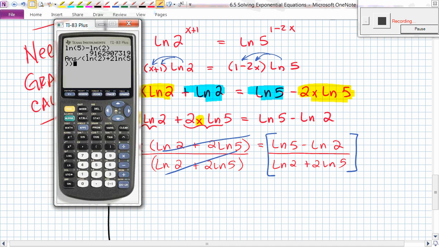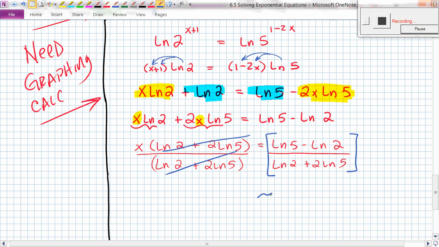Close parentheses, and you should get the answer rounded to 3 decimal places, 0.234. So approximately 0.234.